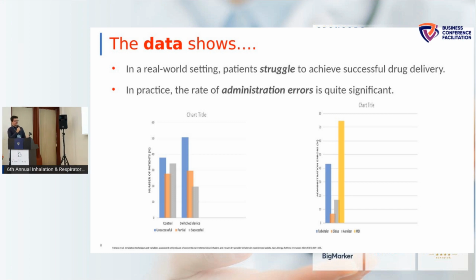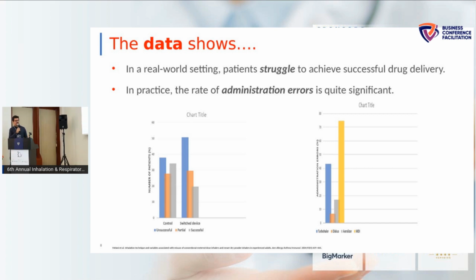There's a high tendency for patients to have more unsuccessful delivery whenever there's a change of device. This is obvious, of course. There's a new learning process that needs to be conducted, and many times the mechanism of the device is changed. So training is really important, and this study shows that.